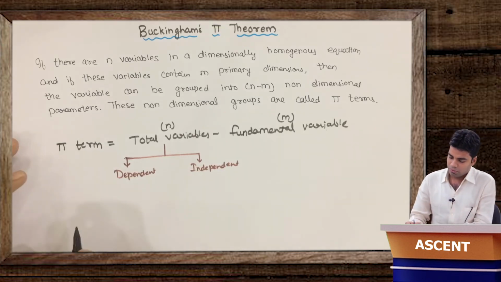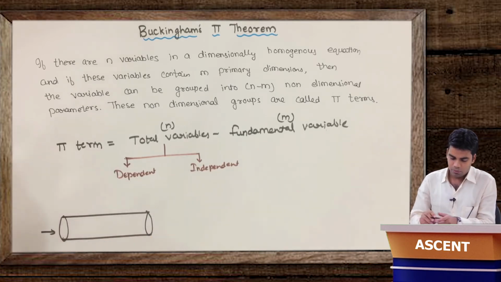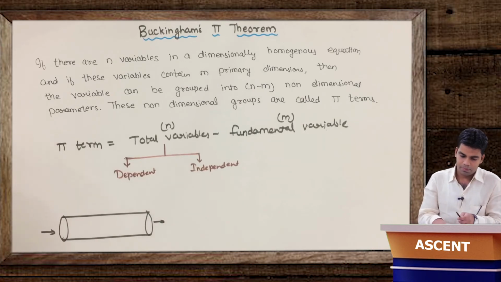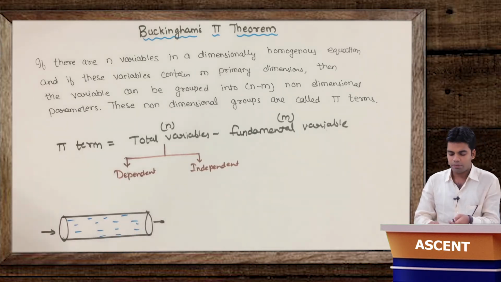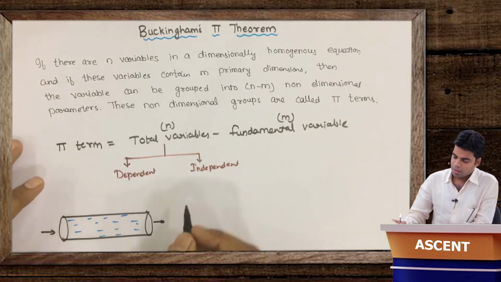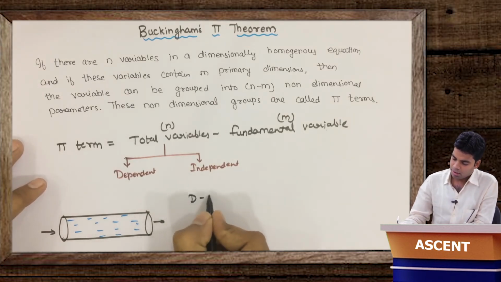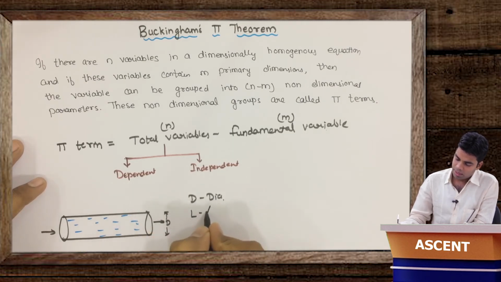I will tell you with the help of one example. Suppose we are having a pipe in which the water is flowing. Now what are the variables included in this flowing of water through the pipe? The very first variable is the diameter, d, of the pipe. Second variable can be the length, total length of the pipe.